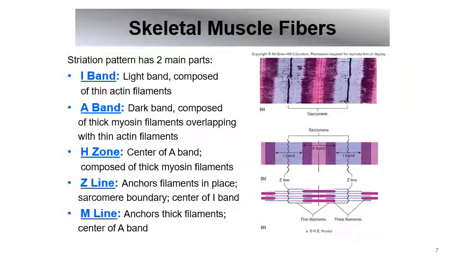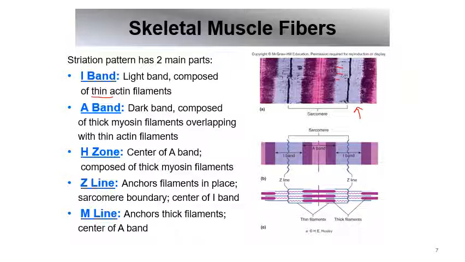Slide here, this is just showing more pictures showing these regions. That top picture there is showing the microscopic view of the sarcomere, and in this one we're seeing the thin lines and the thicker lines. So again, the I band, this is the lighter band. This is composed of the thin filaments.